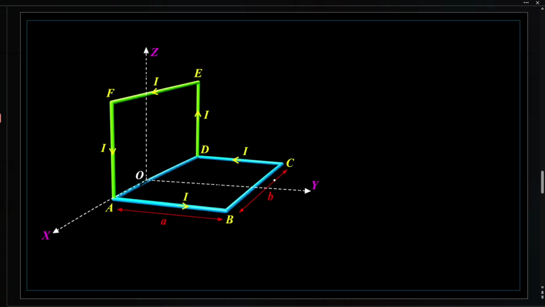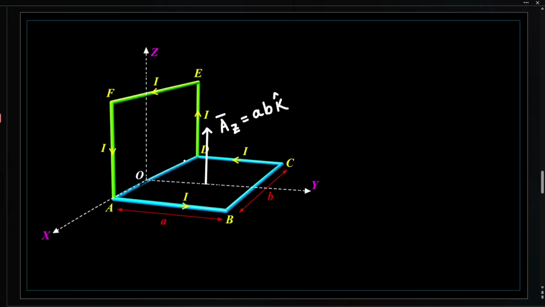So the area is AB, but area is a vector quantity. Then what is the direction of the area? From the right hand thumb rule, the direction of the area vector will be in the Z direction. If we denote this area by AZ, it can be written as AB K cap.